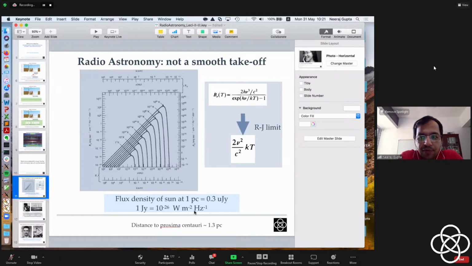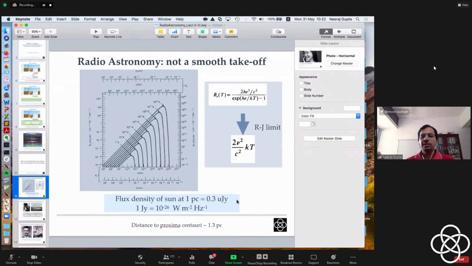So if this is such a faint signal, and you can believe me here that 0.3 microjansky is pretty faint even for current telescopes that we have, right? It would take many hours of integration. It's not impossible, but it will take a lot of integration time of the current telescopes to be able to detect that.